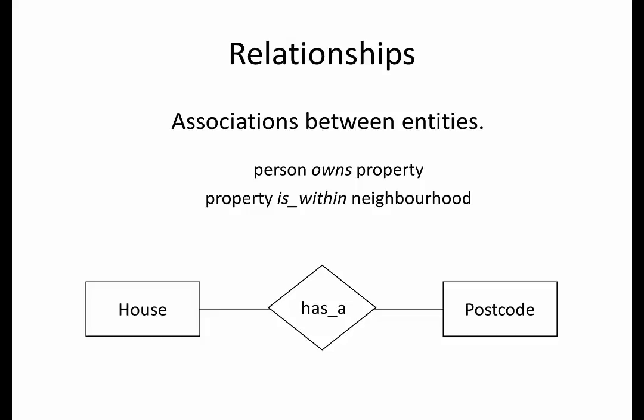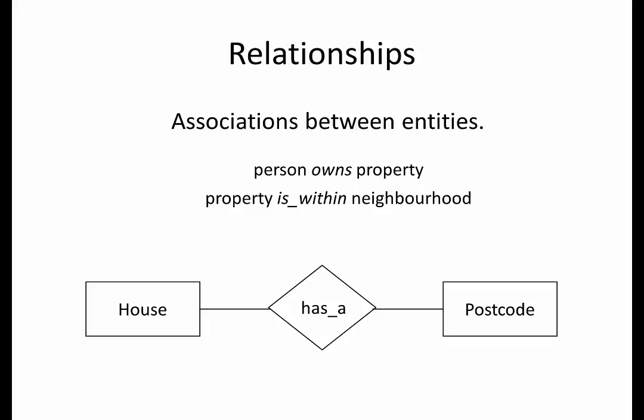A property could be within a neighbourhood. Every house is within a neighbourhood. And here is an example drawn as an entity relationship diagram. We have a house entity, and it has a postcode, if a postcode is an entity. Whether a postcode should be an entity is another question entirely.